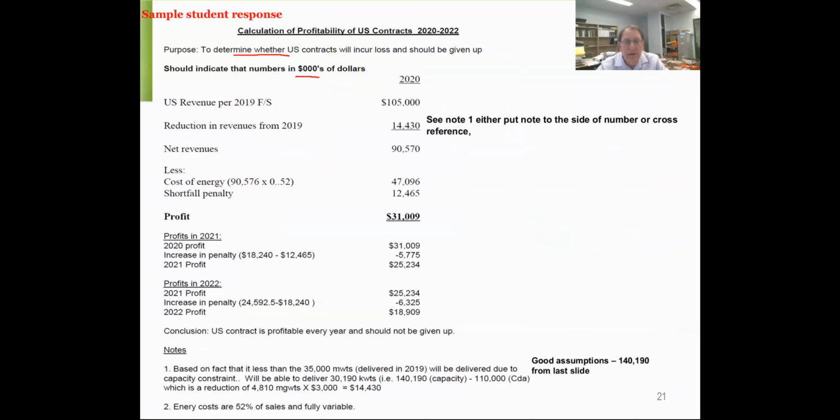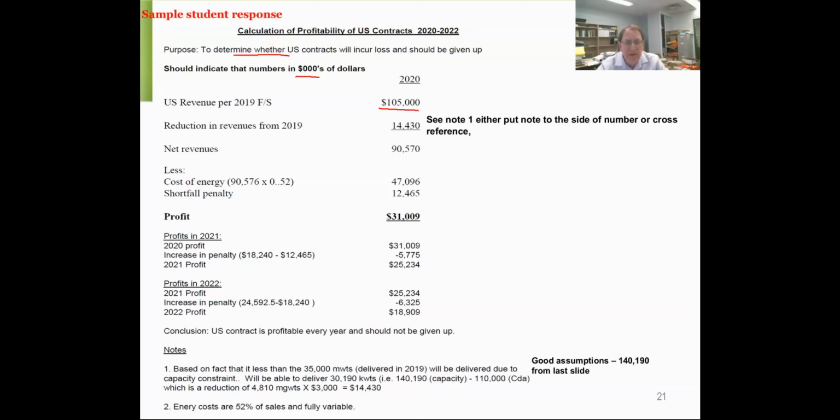Okay. So U.S. revenues per the financial statements, I got the 105,000 or whatever, right? That comes right from the financial statements. Reduction from 2019. And we have a note at the bottom. So how do I get the reduction? It's based on the fact that less than 35,000 megawatts will be delivered because of the capacity constraint.